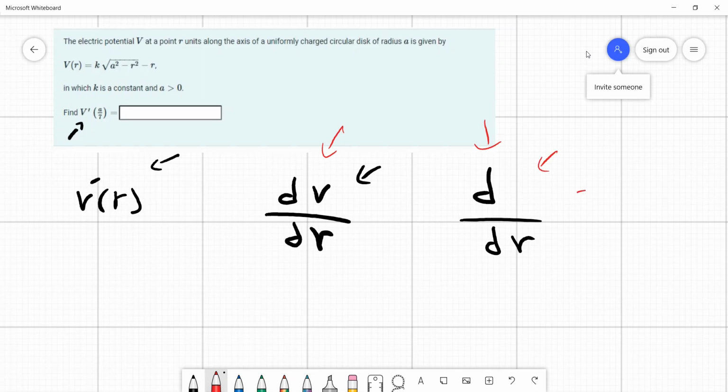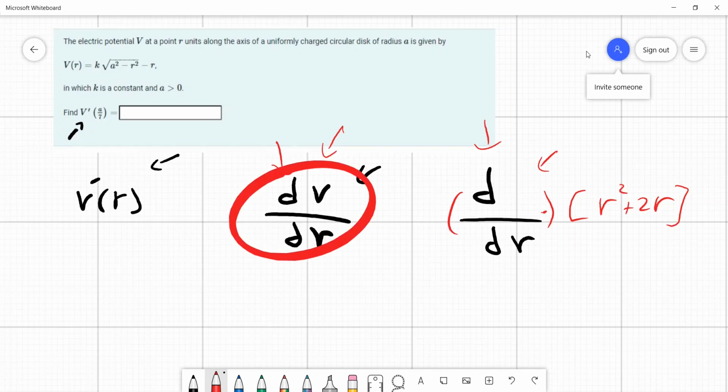For example, if there's an equation, let's say r squared plus, I don't know, 2r, and I take the derivative of this, then I would write this notation right before it. But my result, if I take the derivative of this equation V equaling something with respect to r, is this. I hope that makes sense. The concept confused me a little at first, but hopefully it makes sense to you guys.